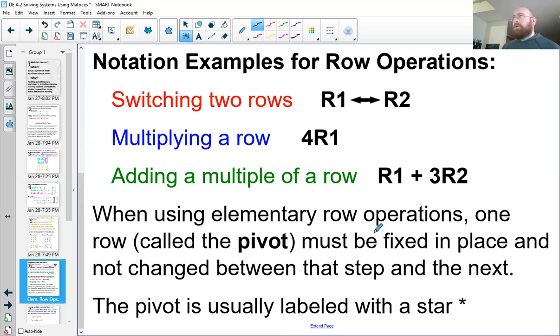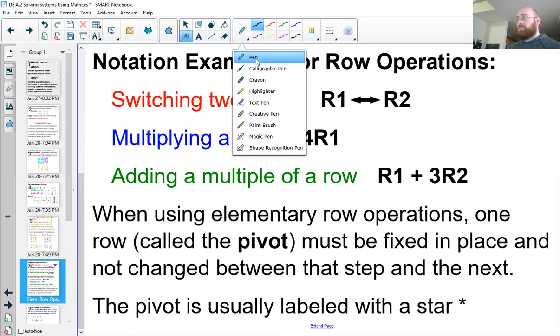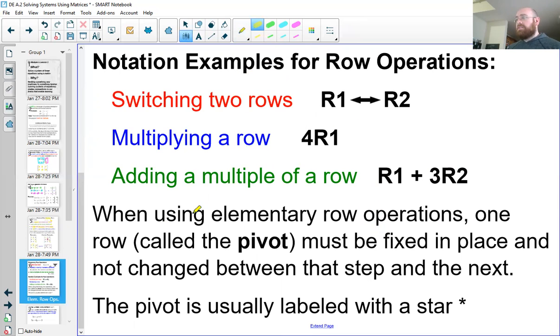A point of vocabulary worth mentioning is that when using elementary row operations, one row, which technically we call the pivot for reasons I'm not entirely sure, must be fixed in place and not changed between that step and the next step.